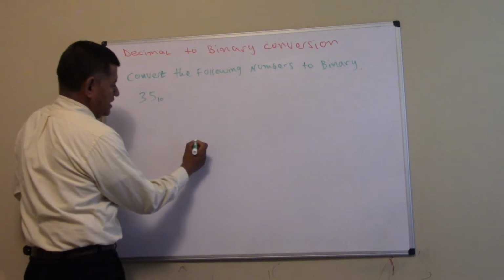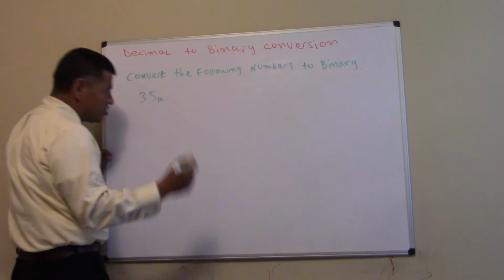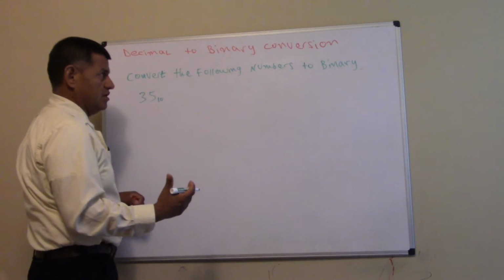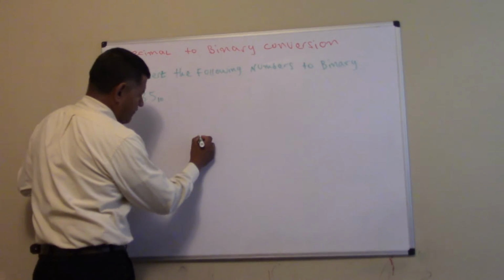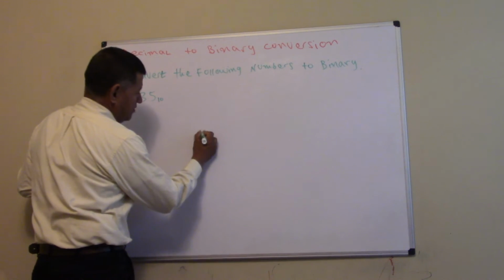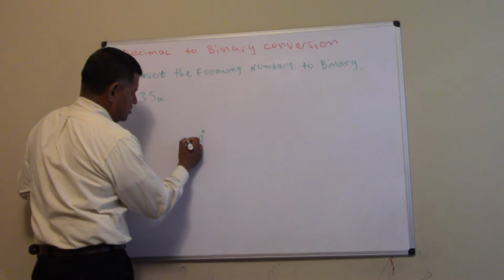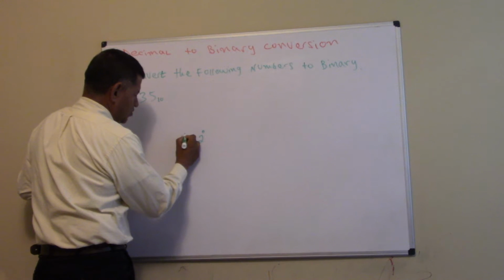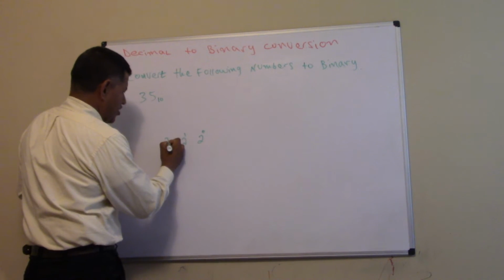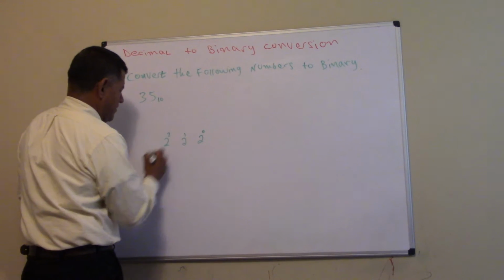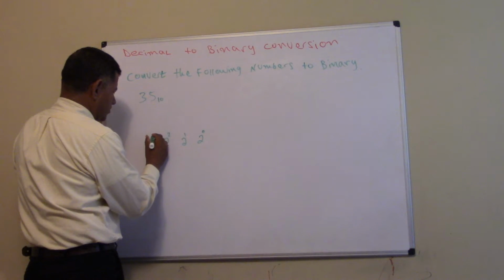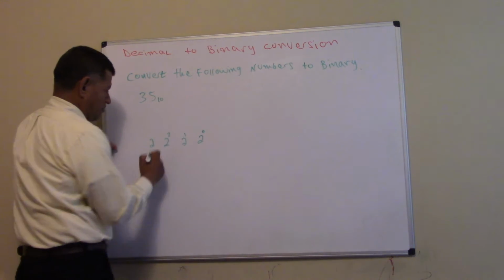So basically, we start from base 2 again. Binary is base 2. So we start from the first number 2 to the 0 power, second number 2 to the first power, third number 2 to the second power, and the fourth number 2, I will say base 2.